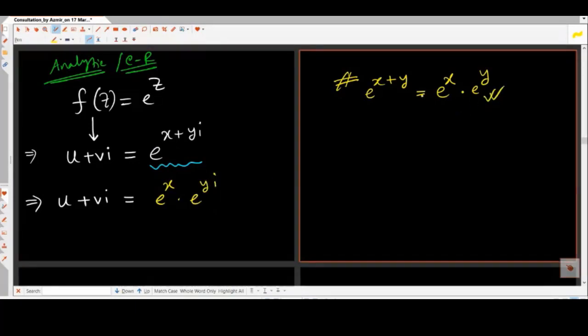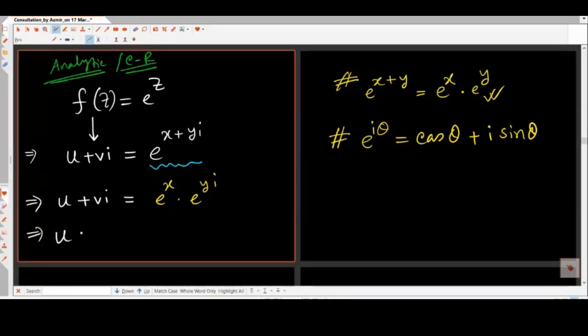We have used this technique. Now, we know Euler's identity, that is e to the i theta equals cosine theta plus i sine theta.